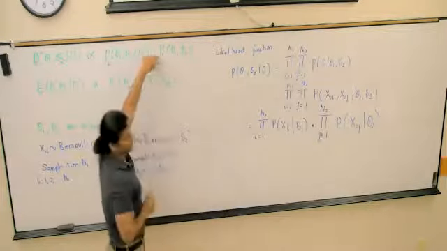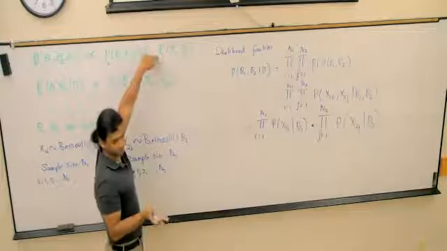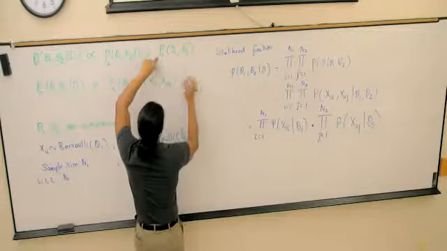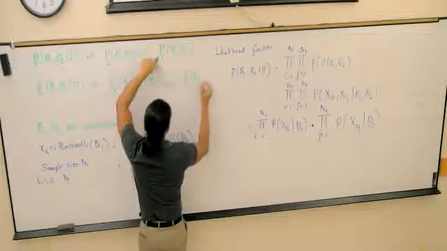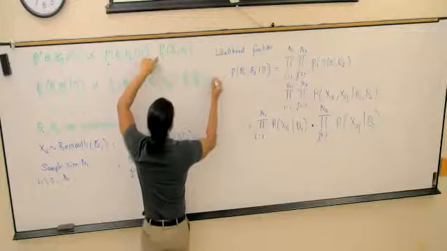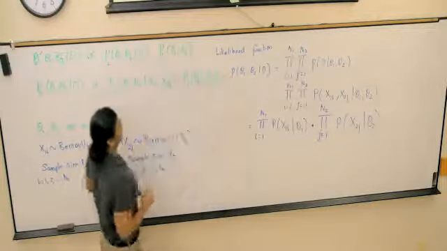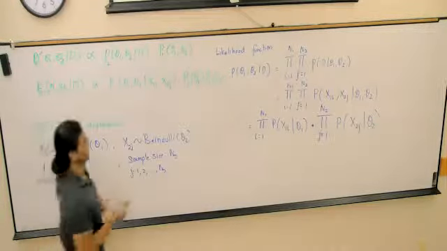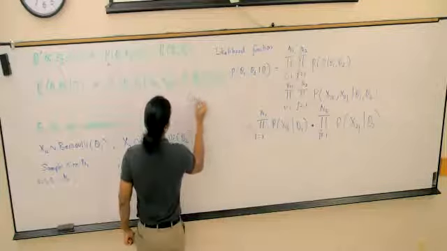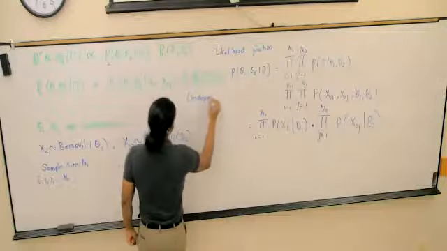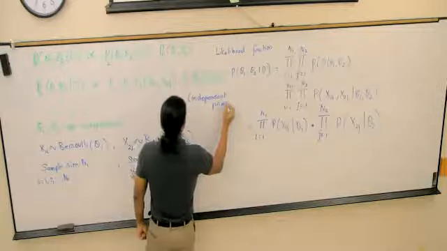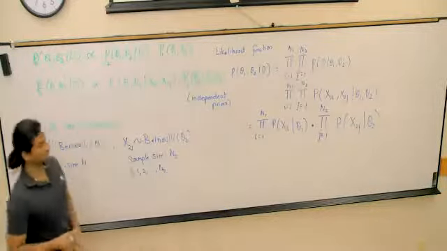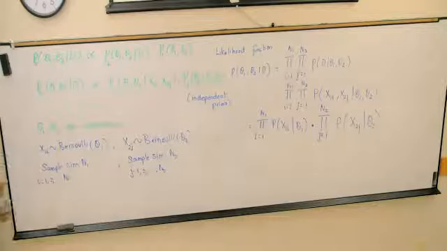I'm going to make the prior independent. So I can write this as prior of theta 1 multiplied by prior of theta 2.